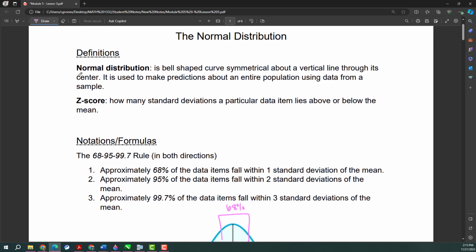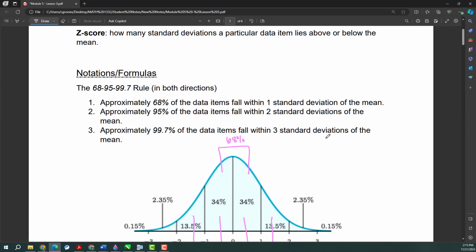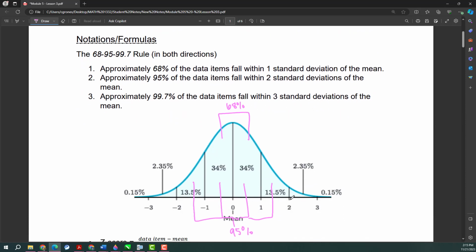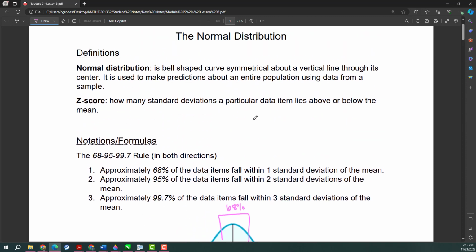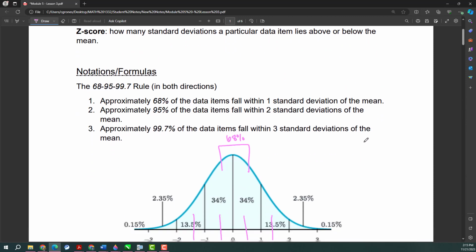And then we will also talk about z-scores, which is how many standard deviations a particular data item lies above or below the mean. So not all the time is it going to be exactly 1 or 2 standard deviations. Sometimes it could fall in between. So we'll use the z-score formula to figure out that.